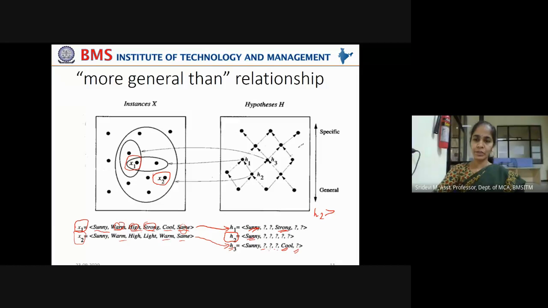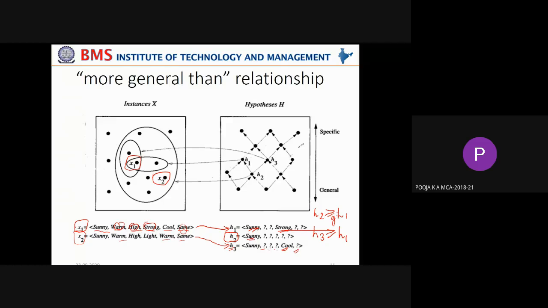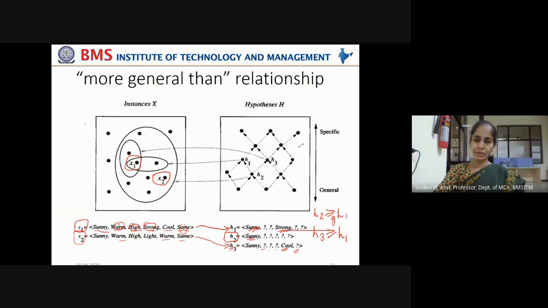H2 is more general than H1, and H2 is more general than H3. Did I make it correct? Yes, ma'am. Okay, so these are the two expressions I can write here.